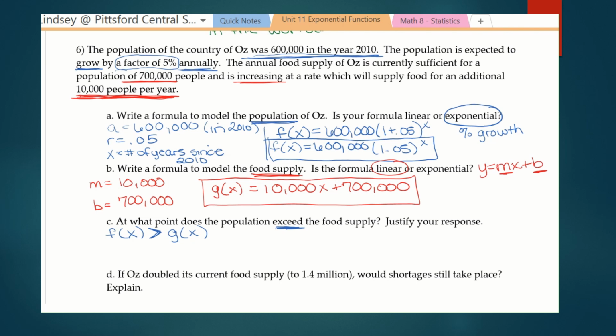I'm actually going to take a look at the table that represents both of these functions. So if we go to the table, just to make sense of what I'm seeing on my table here, x represents number of years since 2010.